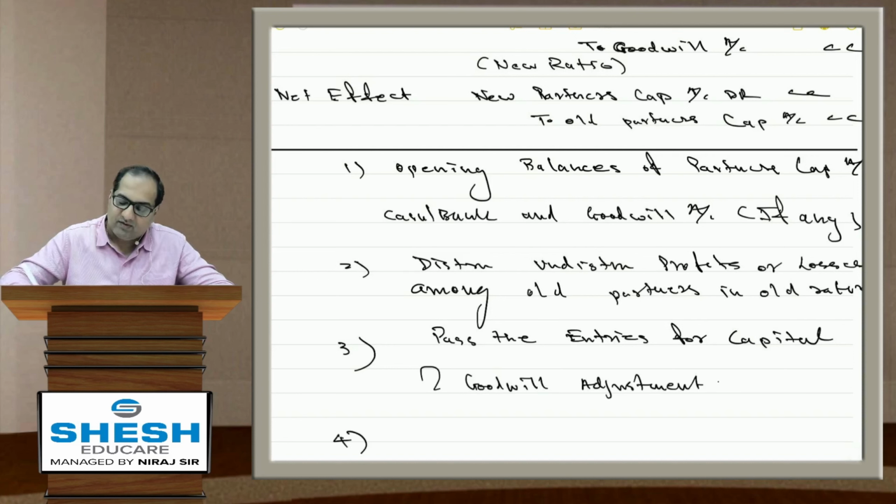So if asset value is going up, asset account debit to revaluation account. If asset value is going down, revaluation account debit to asset account. Liability value goes up, revaluation account debit to liability account, and liability value goes down, liability account debit to revaluation account. So that we have fair values of assets and liabilities as on date of admission in the balance sheet.